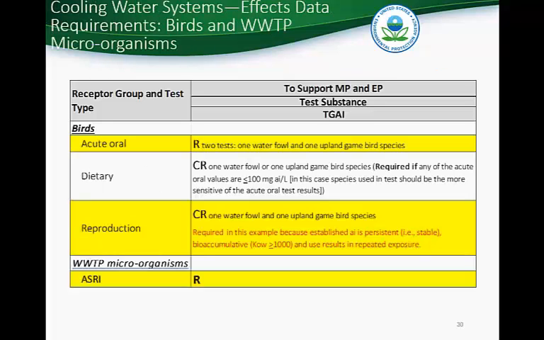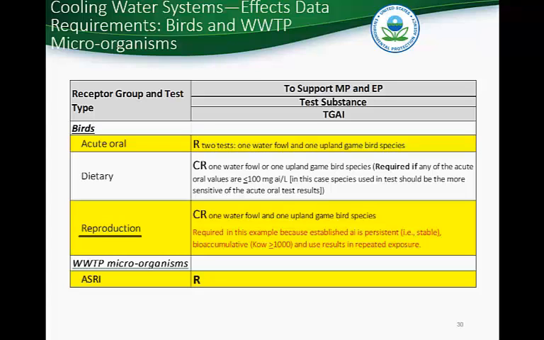For the cooling water system use, the data requirements for birds include 2 acute oral toxicity tests with a technical grade active ingredient, 1 with a waterfowl, and 1 with an upland game bird. If either of these acute oral values are less than or equal to 100 milligrams of the active ingredient per liter, then 1 avian dietary test using the technical grade active ingredient with the more sensitive of the 2 species is required.